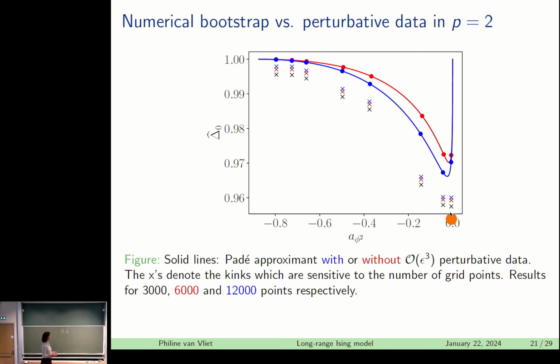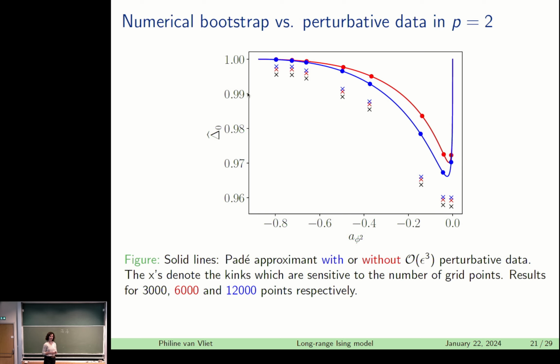And indeed, a phi squared equals 0 is close to the mean field theory end, where you have mean field theory, which corresponds to exactly a phi squared equals 0. On the other hand, on the short range Ising end, you would have a chi squared equals 0. And using these OPE relations and these shadow transformations, you can find an exact relation between a chi squared and a phi squared. That gives you this value here.